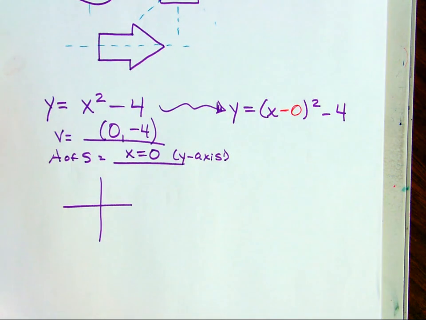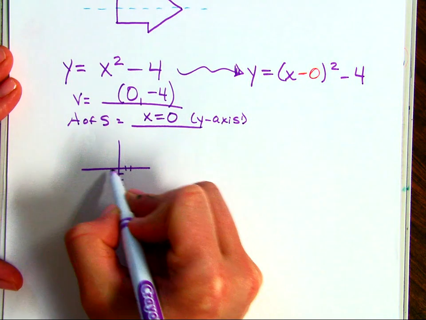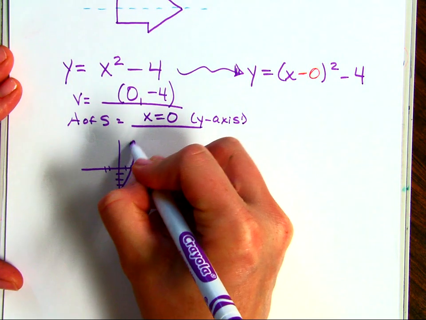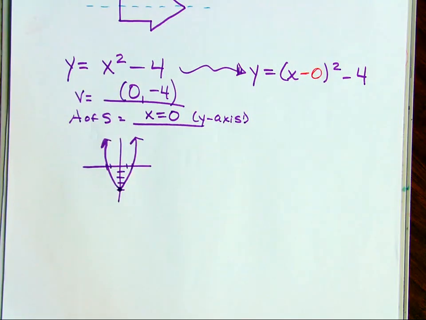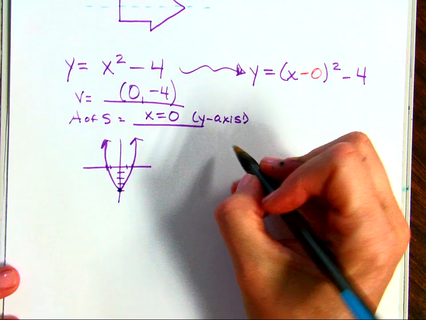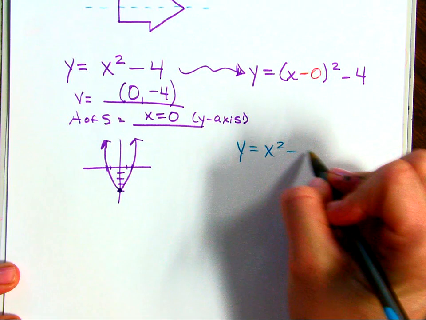I'm not moving horizontally at all. Remember, that's the h. So my axis of symmetry is x equals 0, which is basically the y-axis, right? So when I sketch this, I go to 0, negative 4.